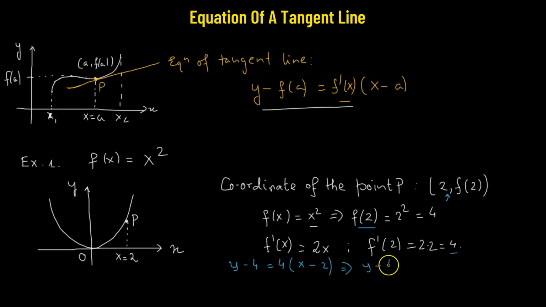We have y minus 4 equals 4x minus 8, which gives us 4x minus y equals 4. So this is the equation of the tangent line. If we draw a tangent, a straight line that touches the curve at that point P, the equation of this tangent line is 4x minus y equals 4.